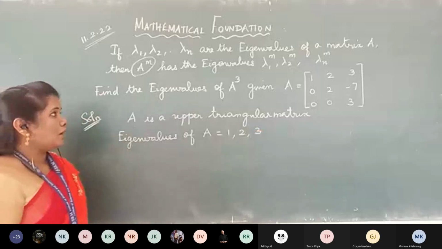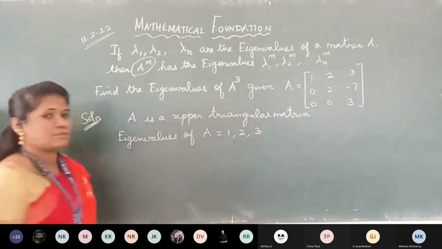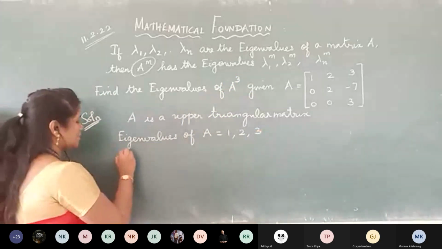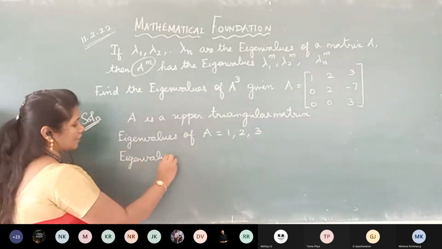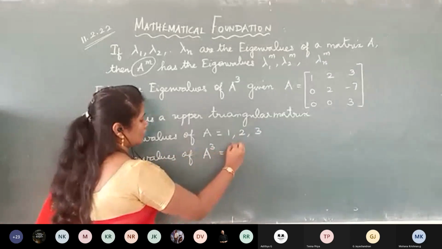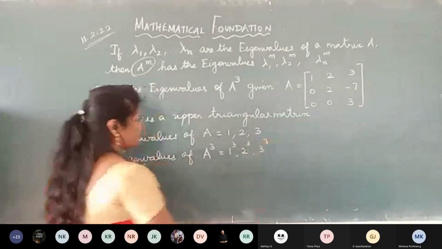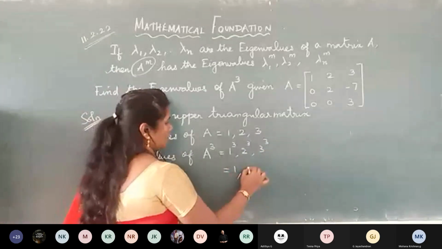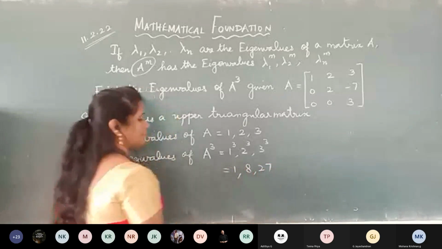According to this property, when we are finding the eigenvalues of some powers, what does it imply? You will write the eigenvalues of A cube as 1 cube, 2 cube, 3 cube, which is nothing but 1, 8, 27.